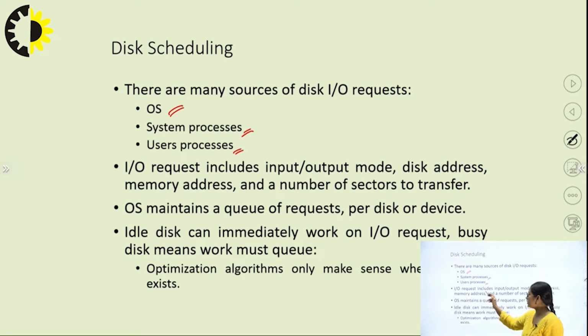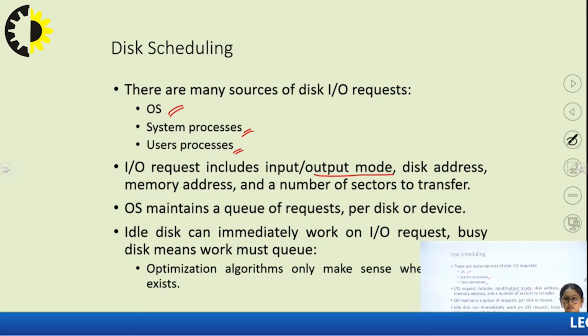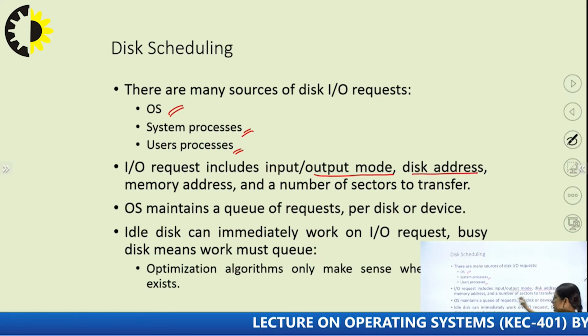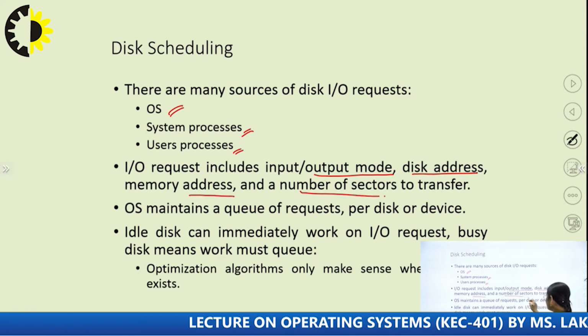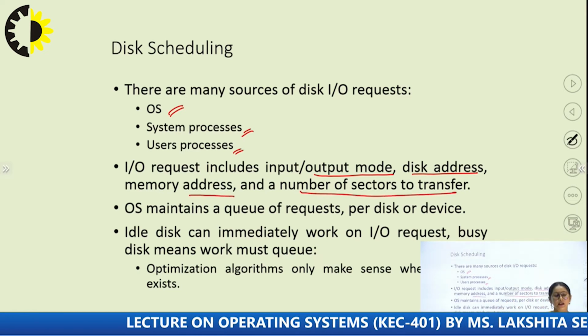Now an input output request involves input output mode only. Whenever any kind of input output request is made, that means you are actually accessing the input and output hardware. In that case, the disk address, memory address, and the number of sectors need to be transferred.